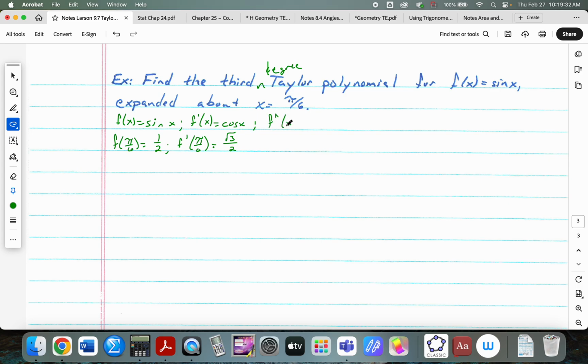Then the second derivative of f at x is going to be negative sine of x. So the second derivative at pi over 6 is going to be negative 1/2. And we wanted the third, we've got to go one more. F triple prime at x will be negative cosine of x. So f triple prime at pi over 6 is going to be negative square root of 3 over 2.